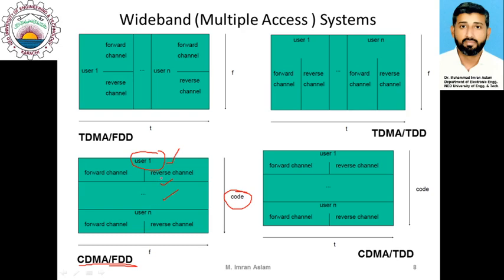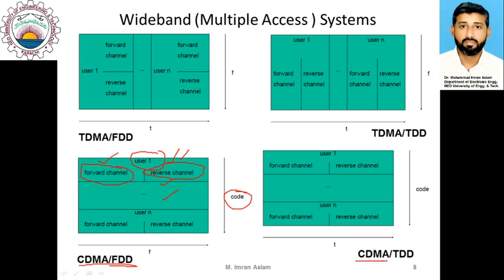So different users are allocated different pseudo-random codes, and each user is allocated two frequency channels to establish forward and reverse communication. So we have one frequency allocated for the forward channel and another frequency for the reverse channel.